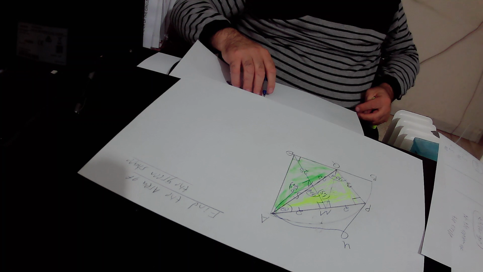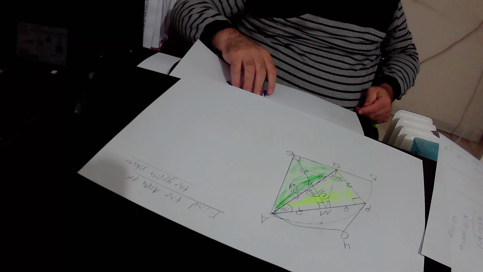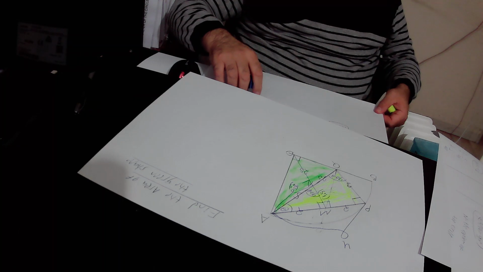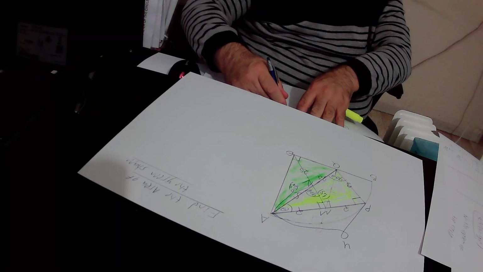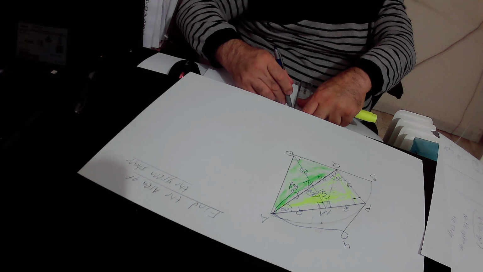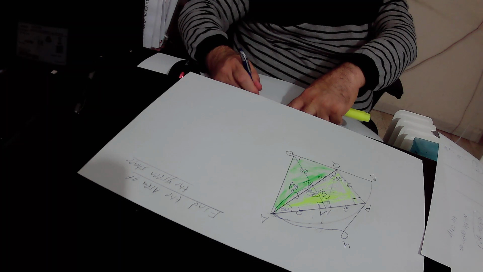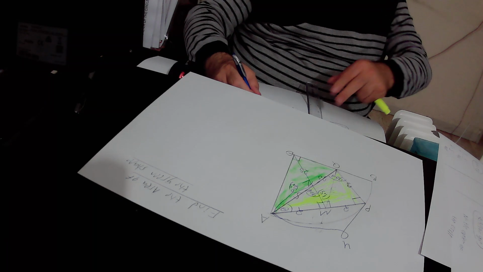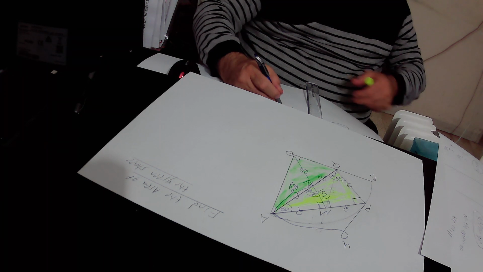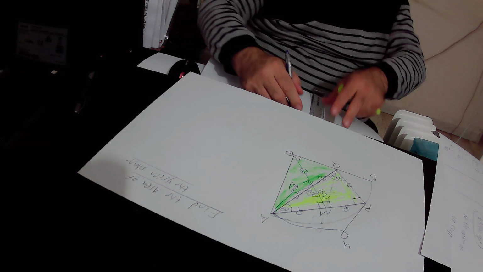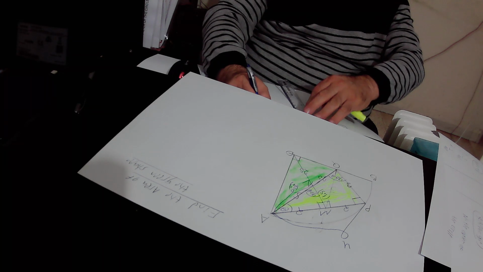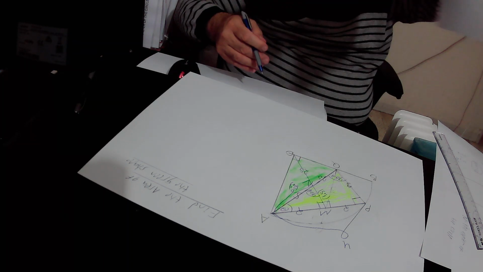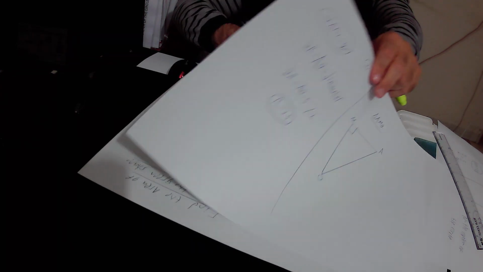In the next step, we will implement the Pythagoras theorem on the right triangle AMO.